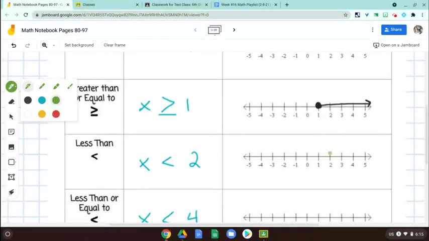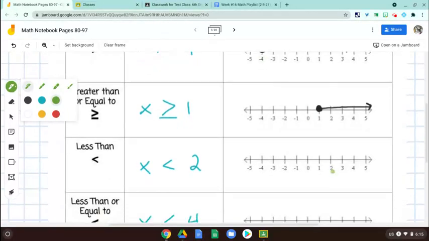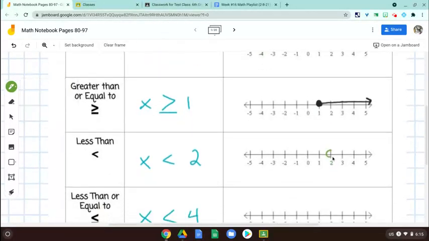And because x is less than 2, but isn't 2, just like I did above, I'm going to give it an open circle. And this time I'm going to say x is less than 2, so anything left of 2 on the number line are numbers that are less than 2. So x is less than 2, but not 2.